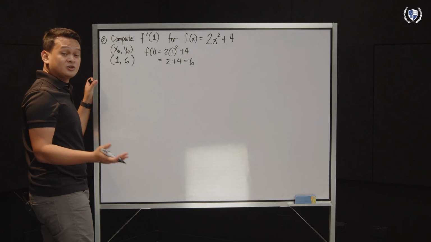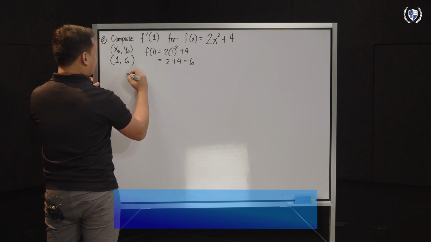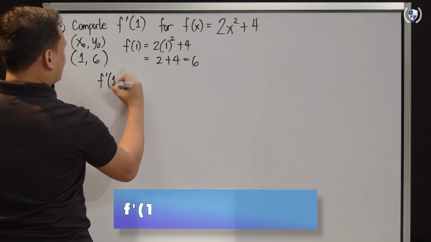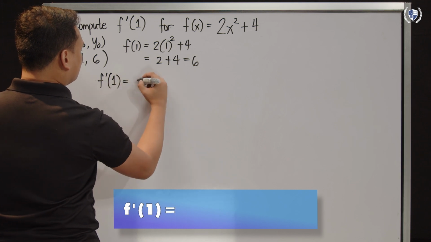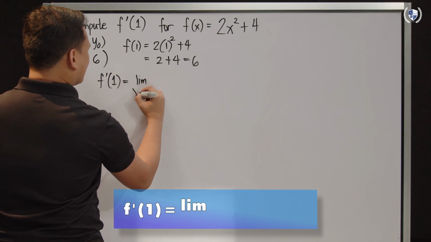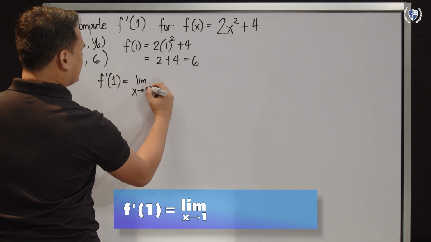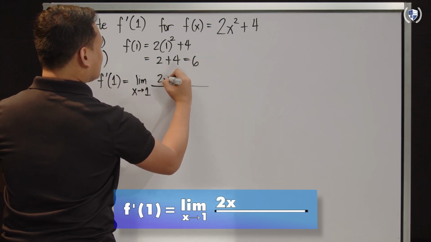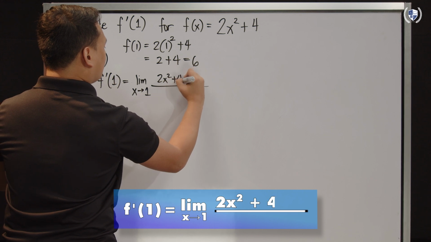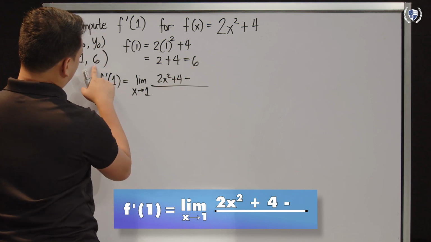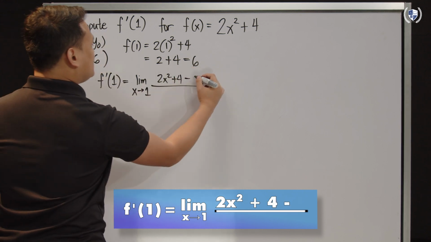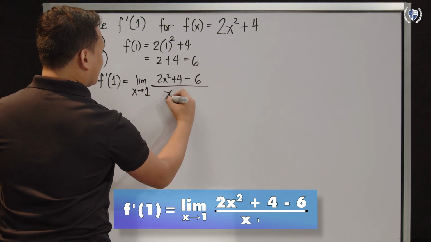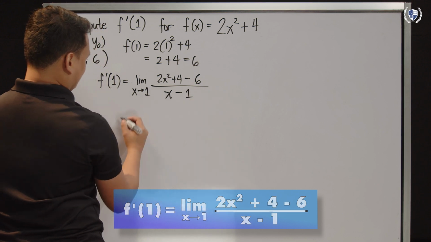Using the definition of our derivative, the derivative of our function at x equals 1 would be equal to the limit as x approaches yung 1 natin dito ng ating, ano ang function natin? You have 2x squared plus 4 minus, at ang y naught would be 6. Ito yung lalagay natin yung 6 dyan, all over x minus 1.